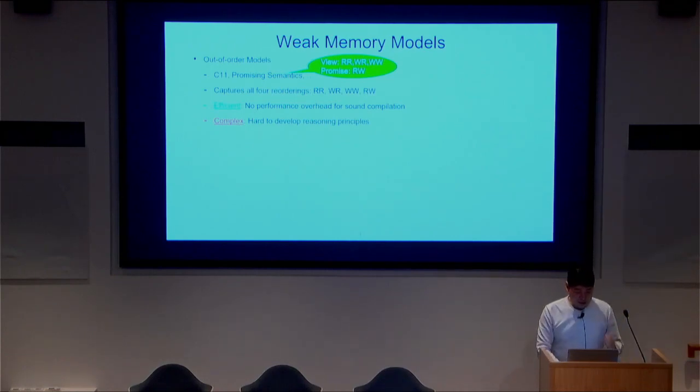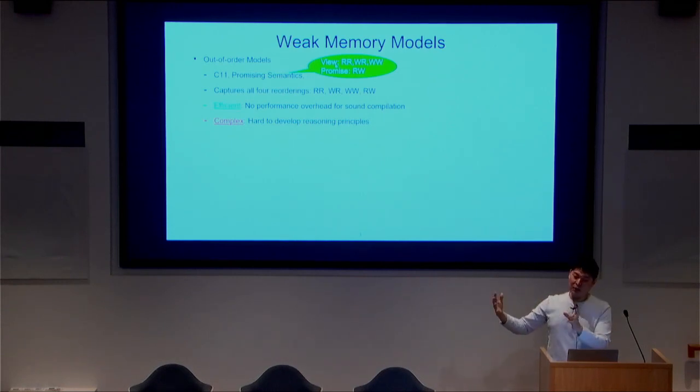In the promising semantics, I want to say one thing. The promising semantics has 2 mechanisms, view and promise. View does not change the execution order. The instructions are still executed in program order, but it only relaxes the state of memory. Memory now contains a set of messages written to the location, with some partial order.